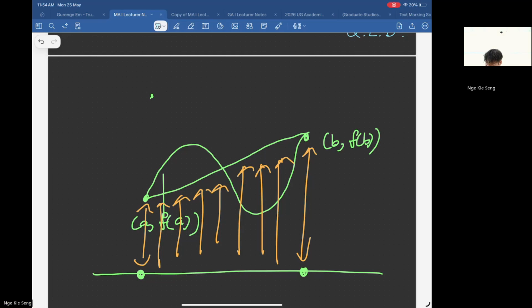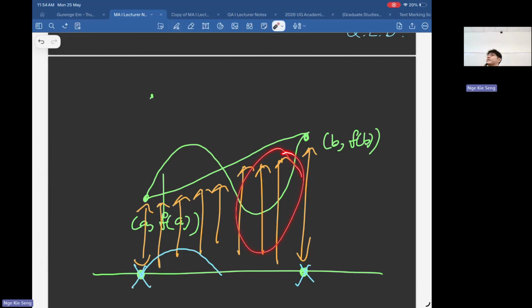So then in this case, what happened here? For this part, let's draw the new one. The new one will be something like this, right? But then how about this part here? It seems it will go down like this. Yeah.